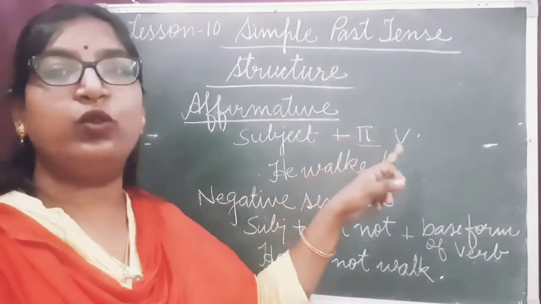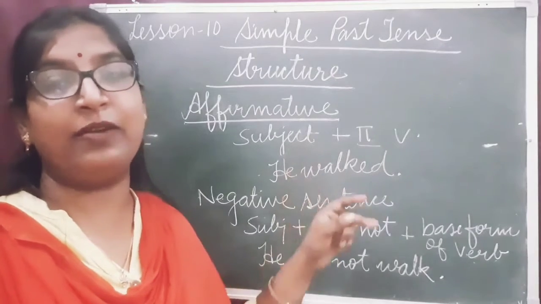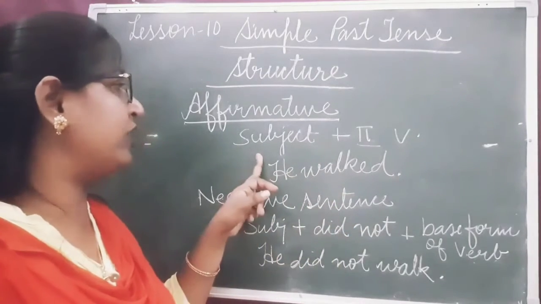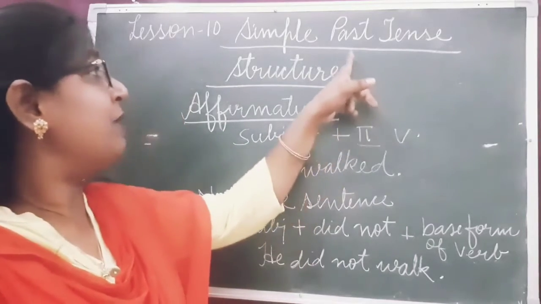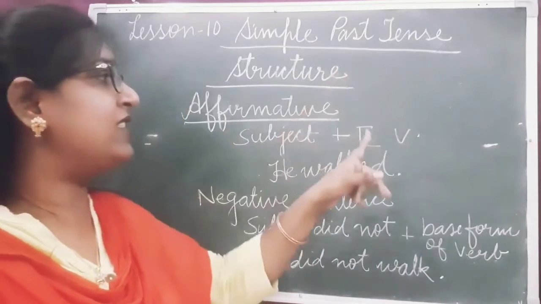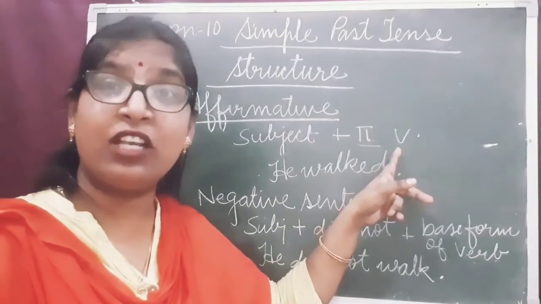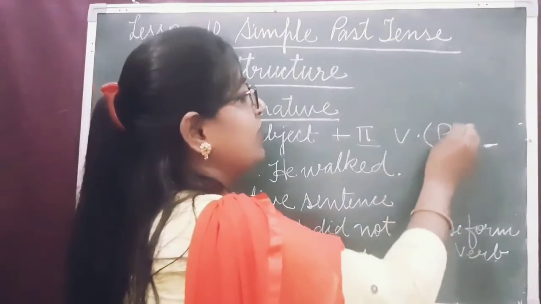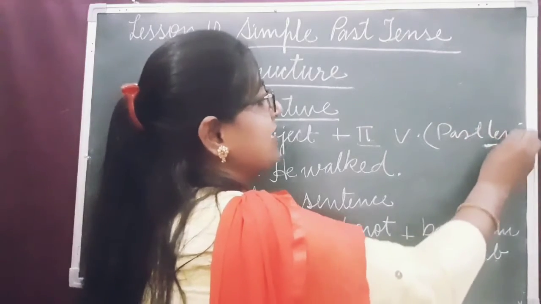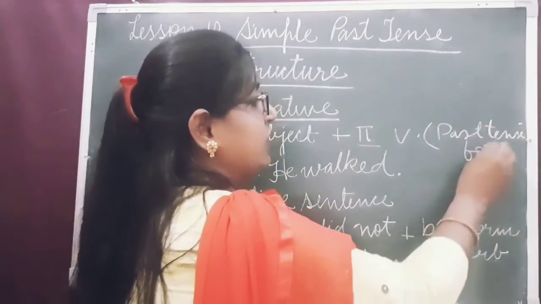Here there should be agreement between the subject and verb. According to the subject we use the verb, and when we are talking about simple past tense we are using the second form of the verb, which is also known as past tense form.